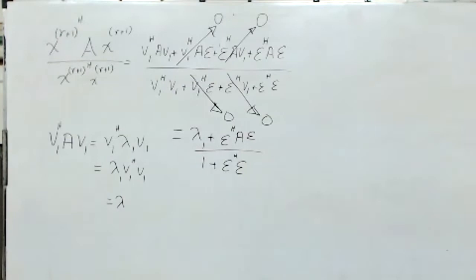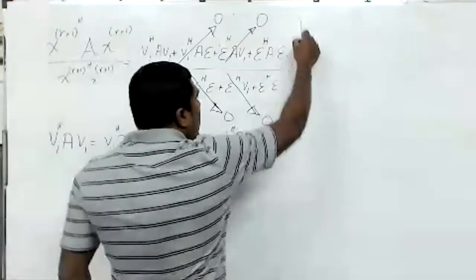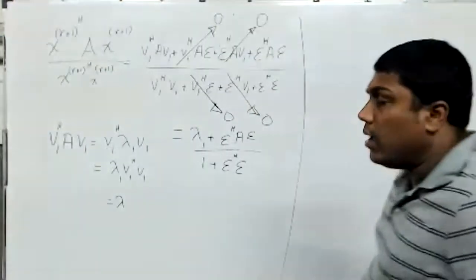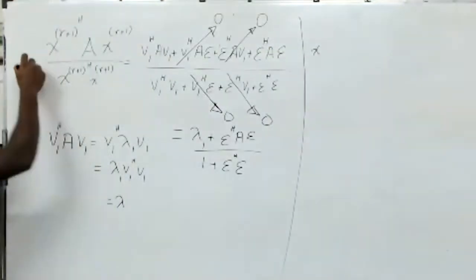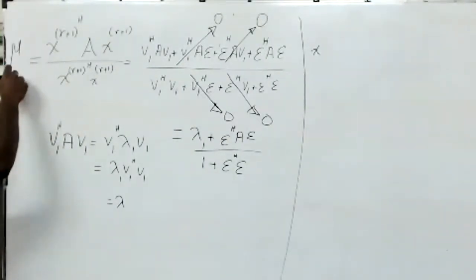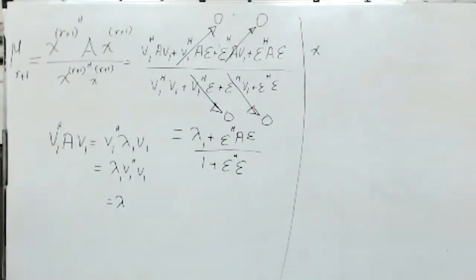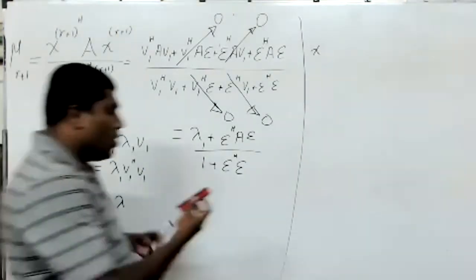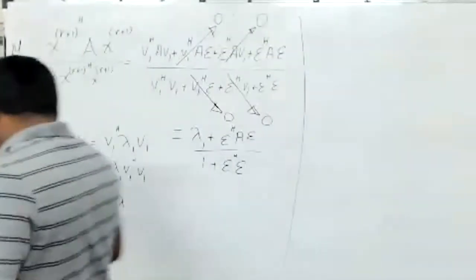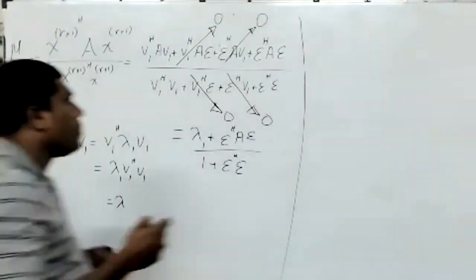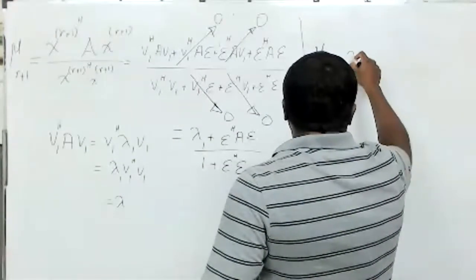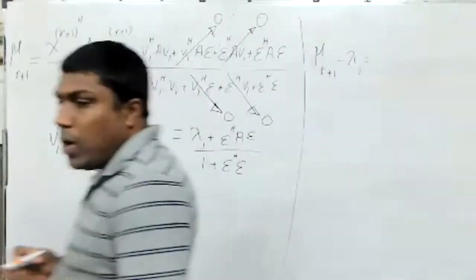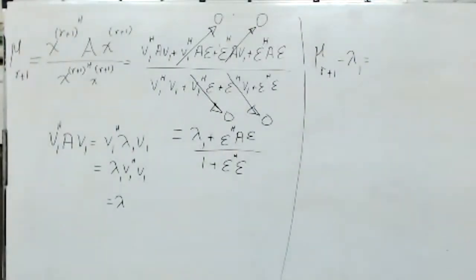So what we can do now is see the difference. I name this mu_{r+1}, the Rayleigh quotient. Then I can compute mu_{r+1} minus lambda 1.